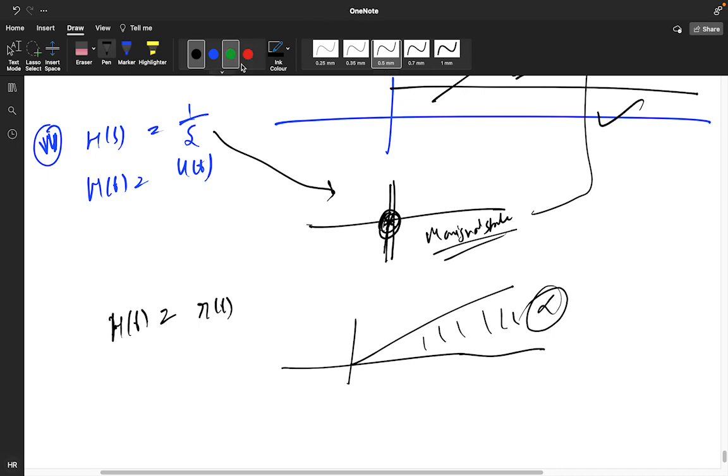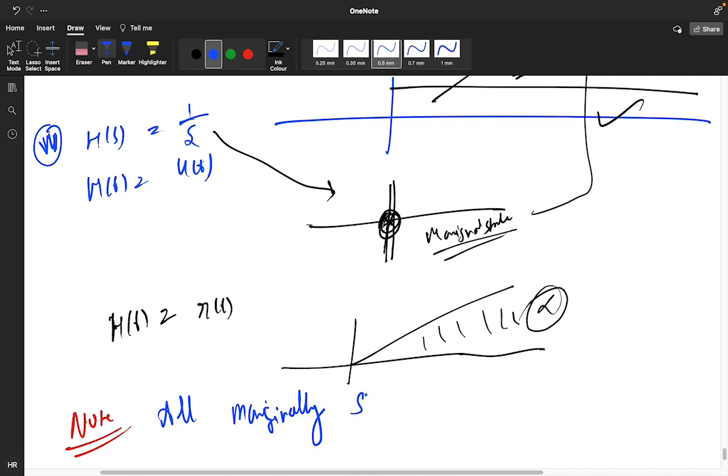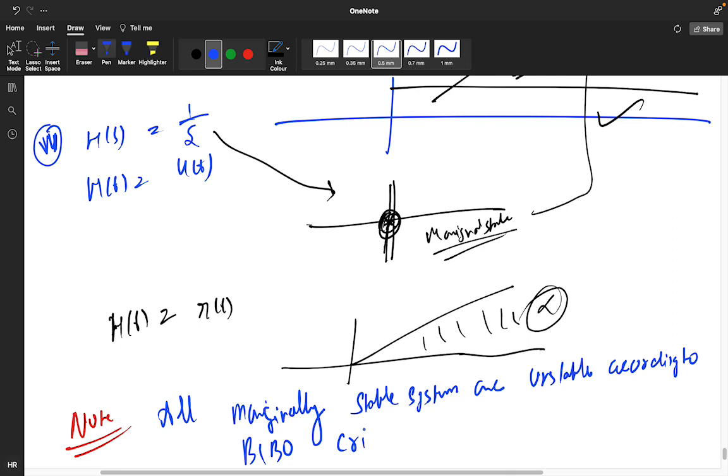So note it down. No property, just note it down. All marginally stable systems are unstable according to BIBO criteria, bounded input bounded output criteria.